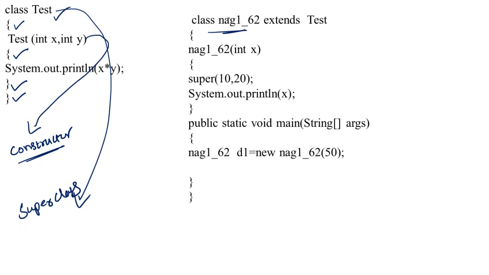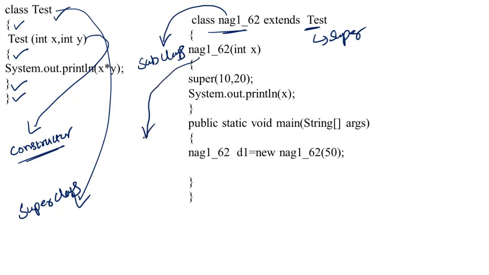Class nog1_62. This is the subclass, as I told you, and this is the superclass. Class, subclass name extends superclass name. This is also a constructor. Whose constructor? Subclass constructor.